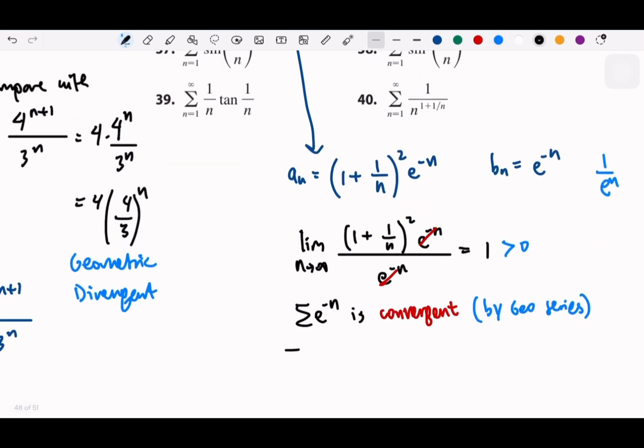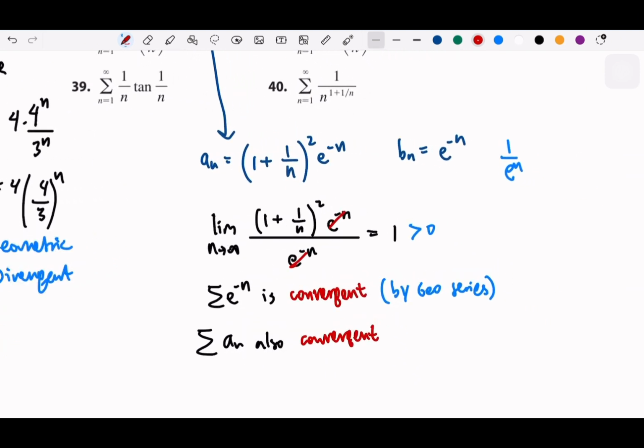So let me just write an also convergent. Or to make sure that we are correct, let me just write here that the r is equal to 1 over e, and this is less than 1.